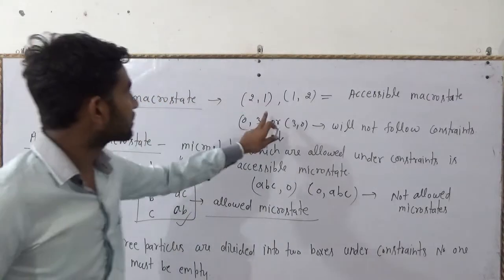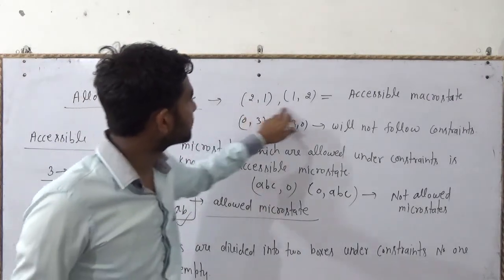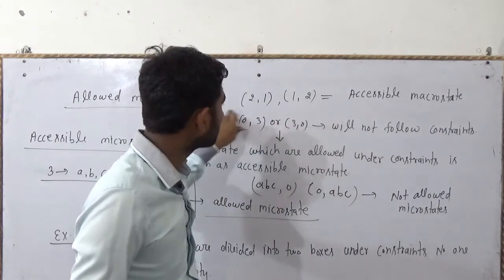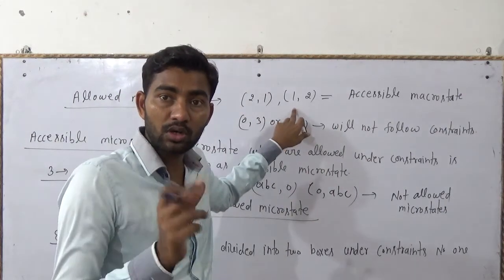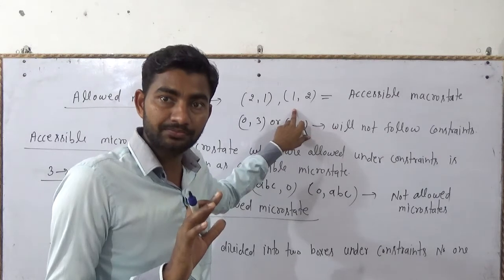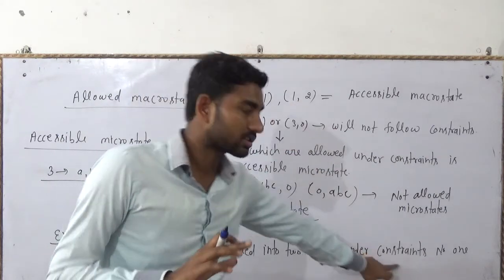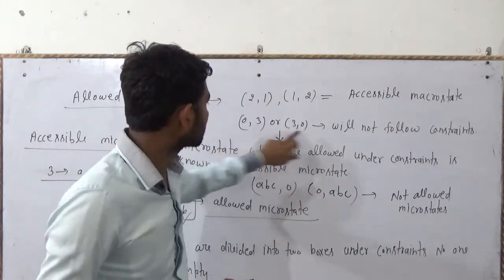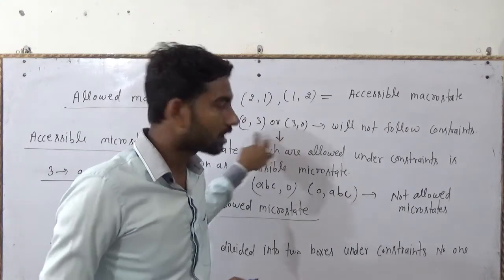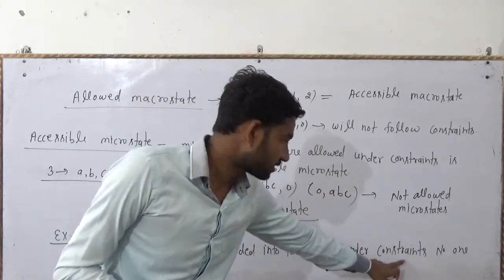So in these microstates no box is empty, so they follow this constraint condition, but the other microstates do not follow it.